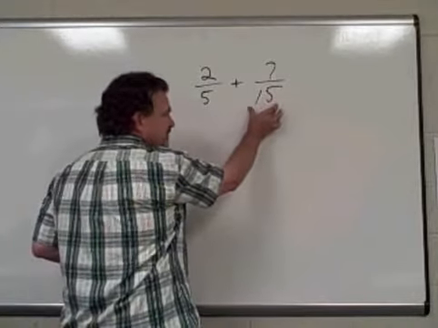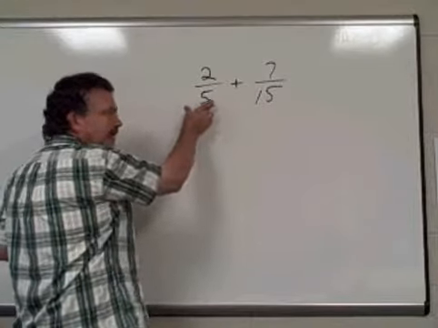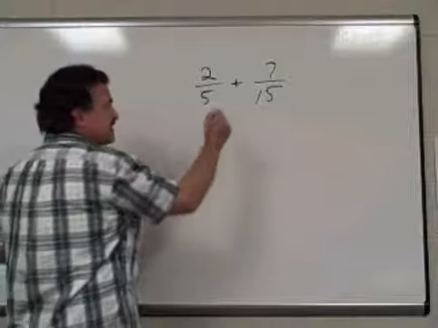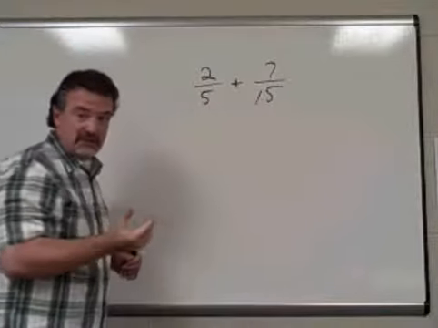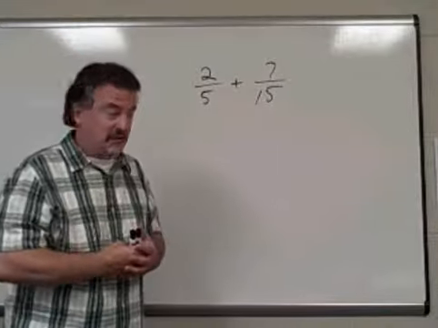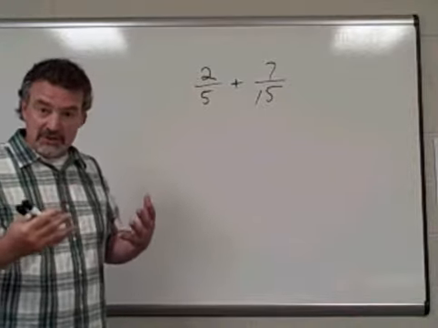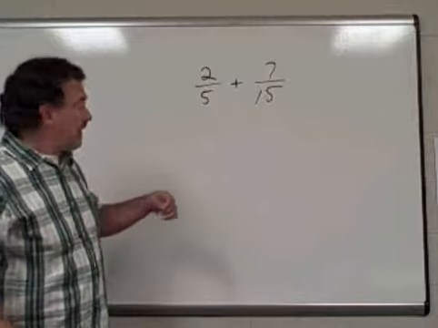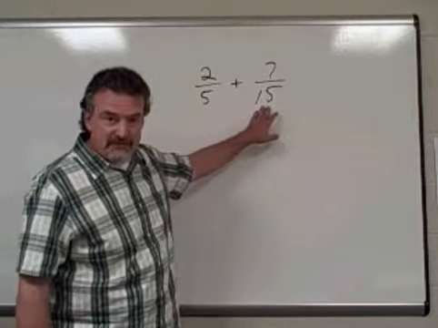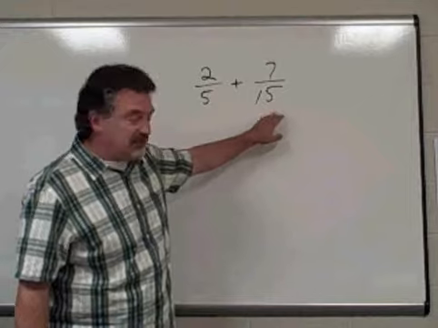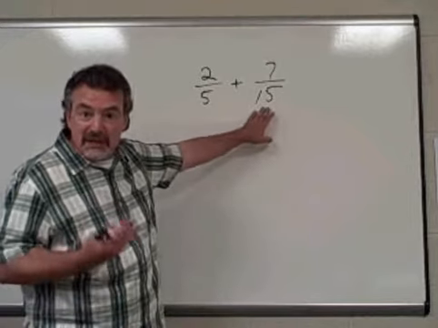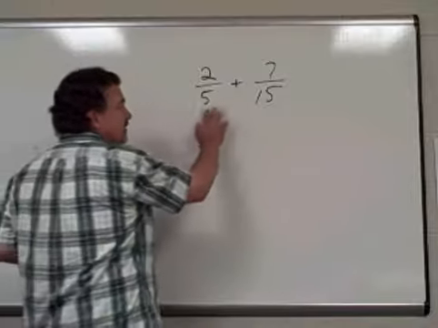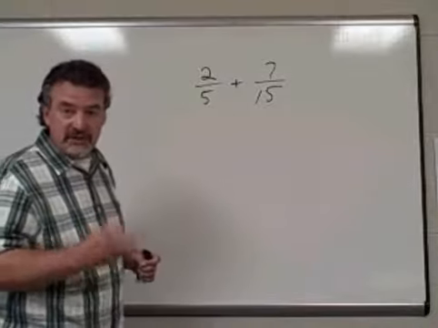Isn't 5 a factor of 15, if we think about the other video that describes the concepts of factor and multiple? 5 is a factor of 15 because 5 will divide into 15. So this pair of pants is big enough for the two fractions. In this case, the common denominator we could use is 15.